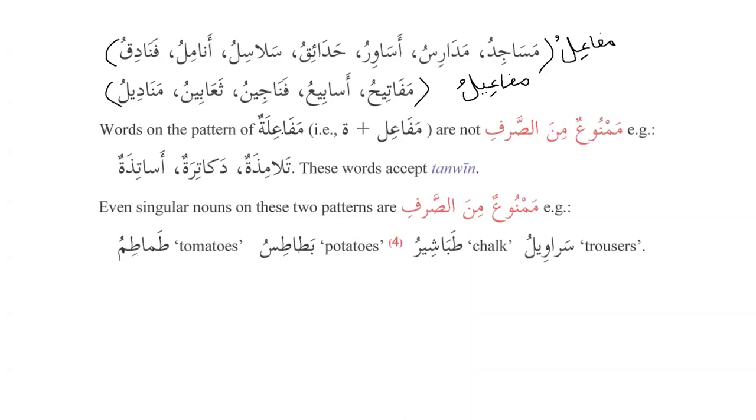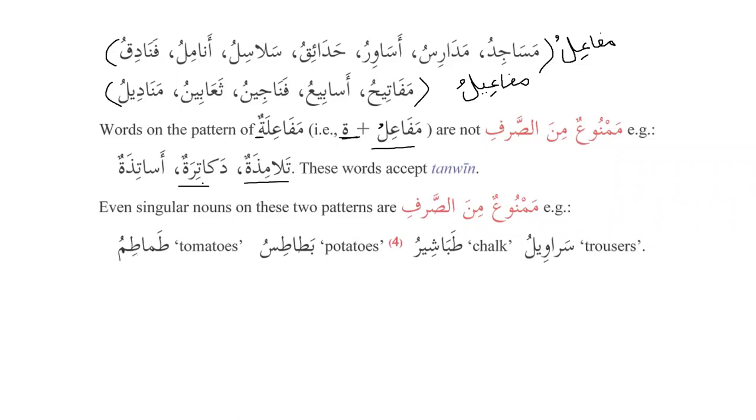However, if ta marbuta is added to them, if they come on the pattern of mafa'ilatun, then they become triptot. Mafa'ilu is mamnu min as-sarf, but when ta marbuta is added to them, they will accept tanween. For example, talamidatun, the plural of talamidu, and dakatiratun, from dakatiru, the plural of duktur.